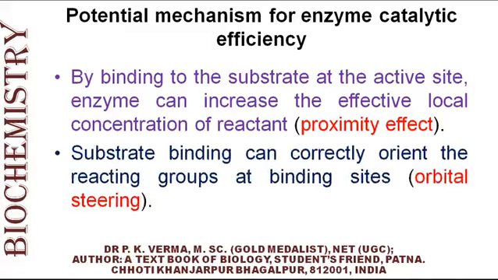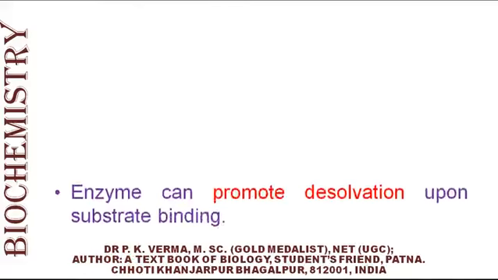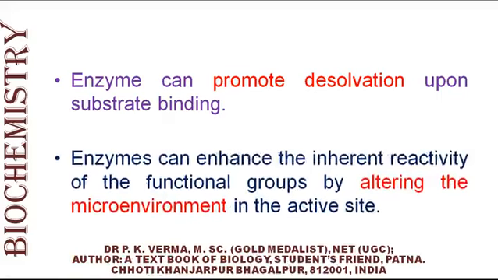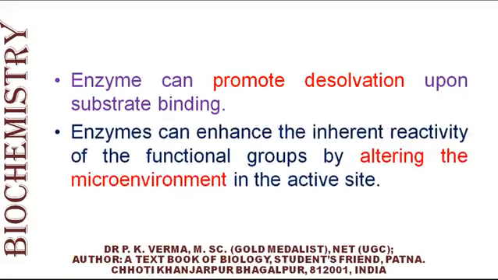Substrate binding can correctly orient the reactive groups at the binding site, that is called orbital steering. Enzymes can promote desolvation upon substrate binding. Enzymes can enhance the inherent reactivity of functional groups by altering the microenvironment in the active site.